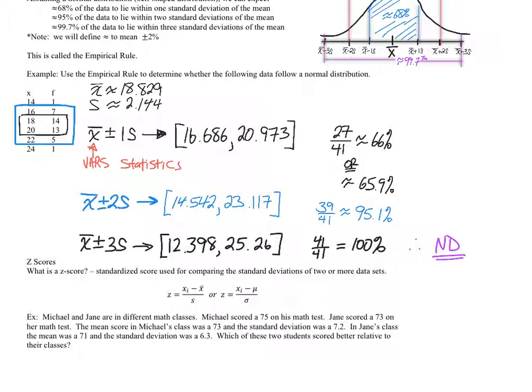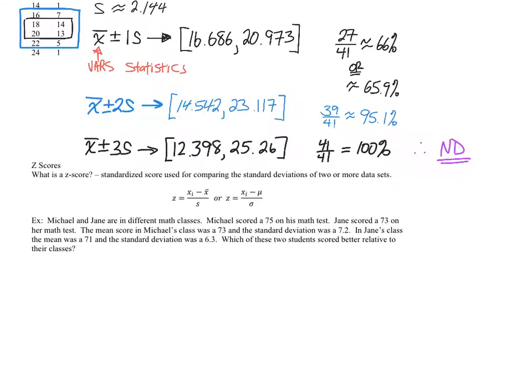Z-score is, when I was talking earlier, about the fact that standard deviations represent the spread of the data, and we'll start thinking of individual scores in terms of how far it is away from the mean. So if that's the case, then we could define that idea as a z-score, all right?